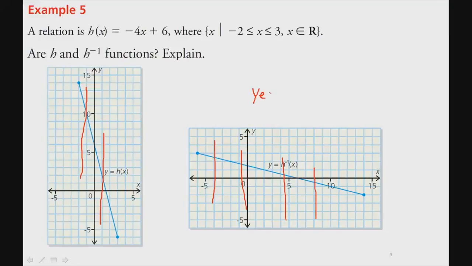Yes, these are both functions. Is this always the case? If someone asks you to explain, you would say that both of these pass the vertical line test. But this may not always be the case, and we're going to look at that in the next video.